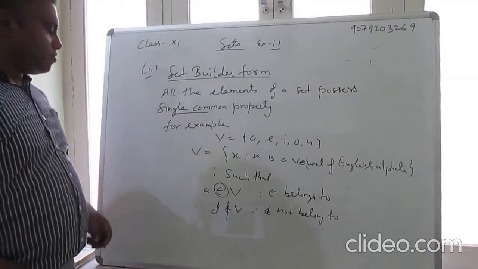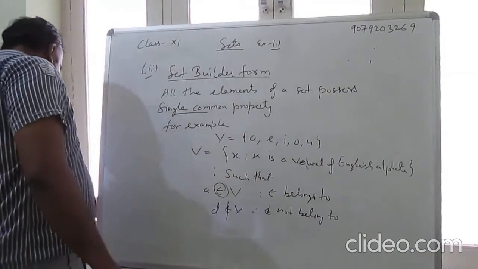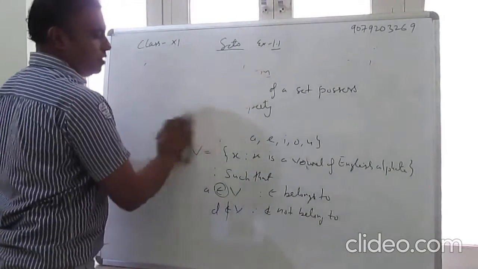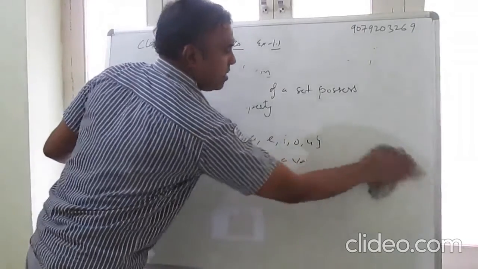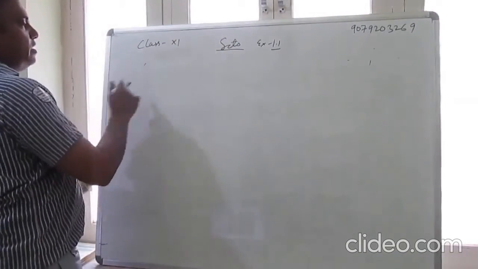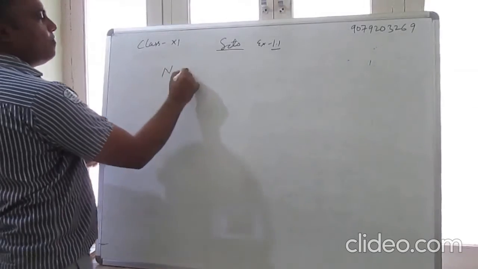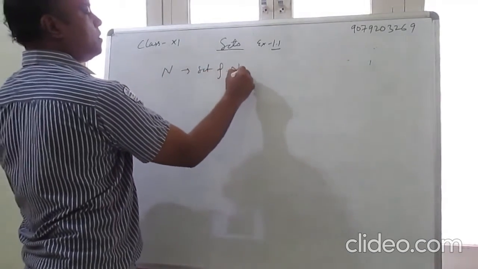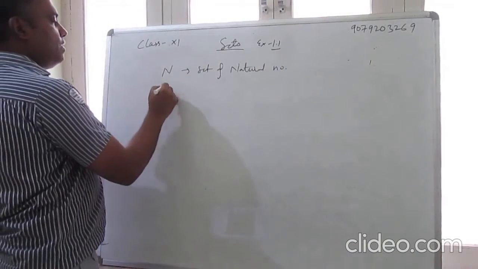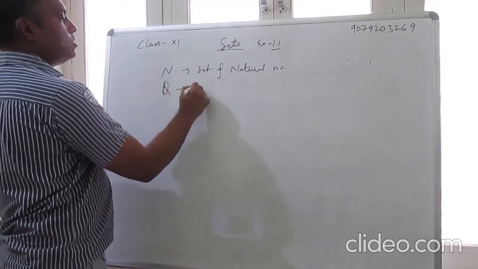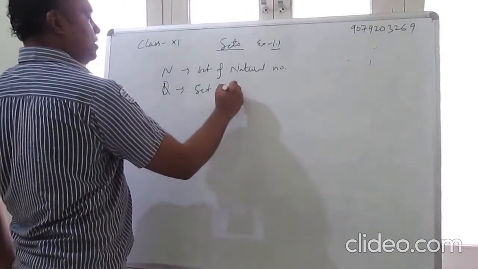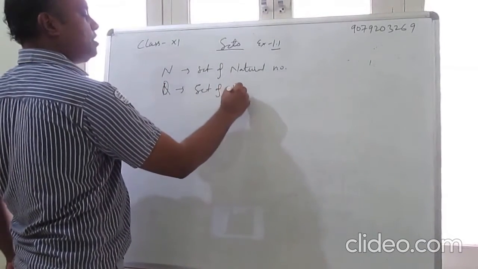Now some common sets are there, which are denoted by letters. 1, 2, 3, 4, 5, 6: if it is capital N, it is the set of natural numbers. What is Q? Set of rational numbers.